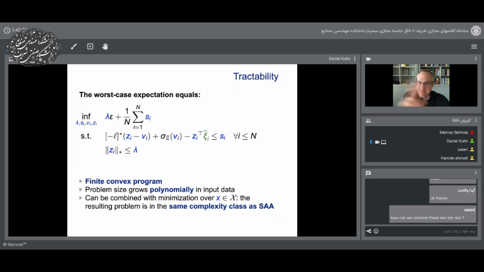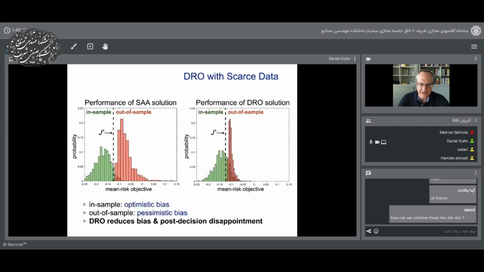If you have a minimum and a maximum, you know that it's not always possible to switch them, right? Only in special situations, as they are studied in duality theory, you can do that. But in general, you pick up an error. But if you have two minima, you can interchange them. So that's the reason why we can combine here. Okay.